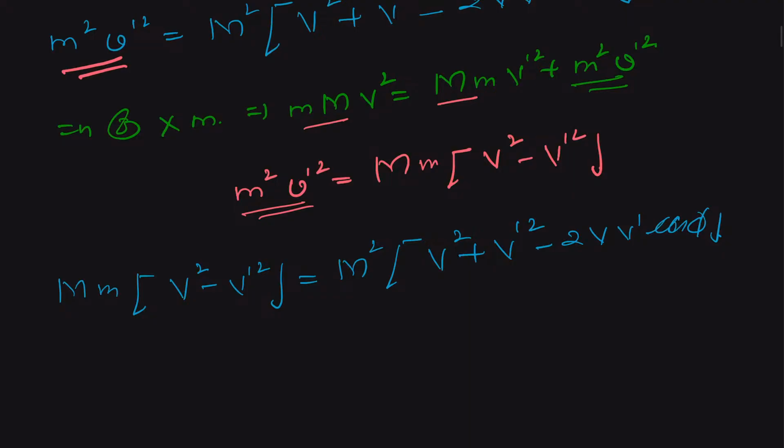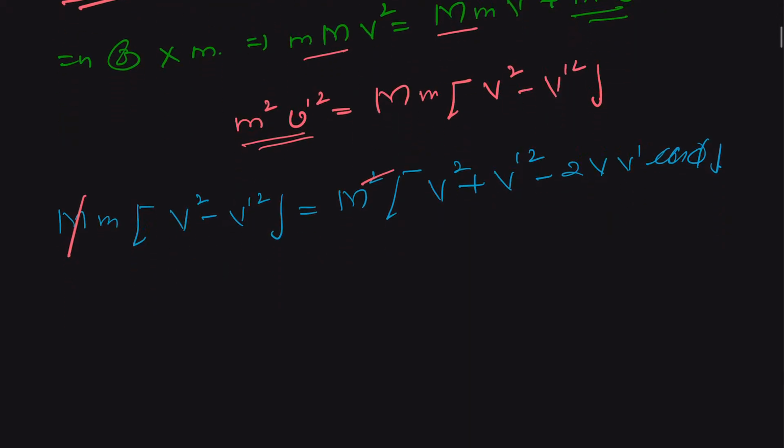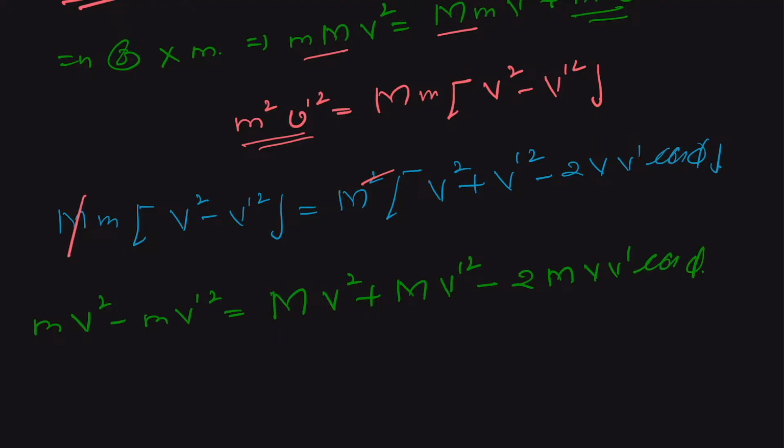And here this m goes with this square, and we just open the brackets. We get M m v square minus M m v prime square is equal to m v square plus m v prime square minus twice m v v prime cos of phi.